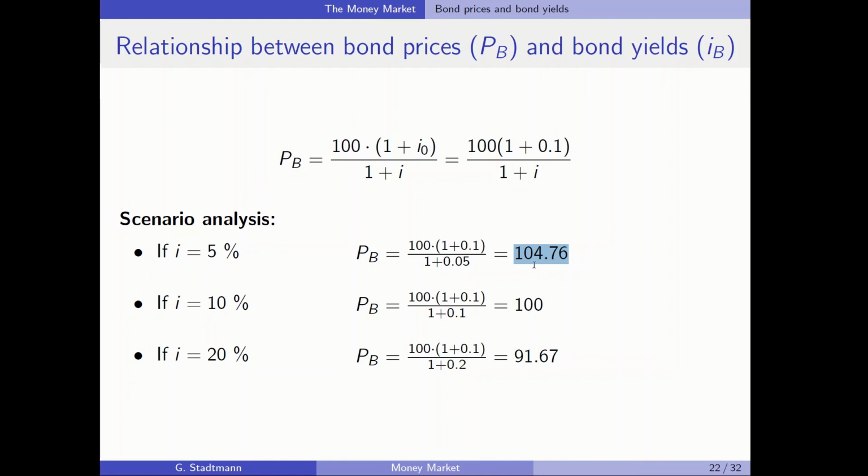What is very important is this last part of information on this slide 22, that we have an inverse relationship between the bond prices and the bond yields. What is really important is that you gained this intuition about the inverse relationship of the interest rate and the bond price. When the interest rate increases, then the bond price decreases.